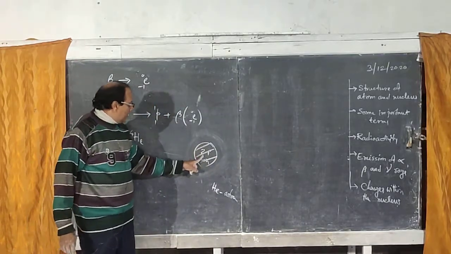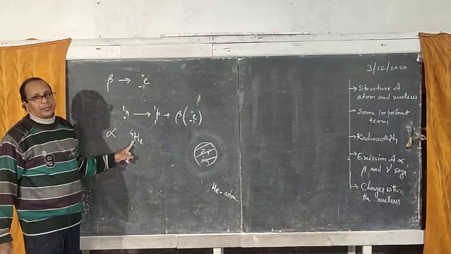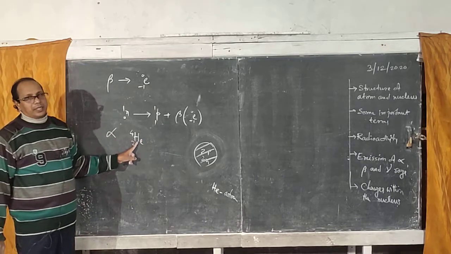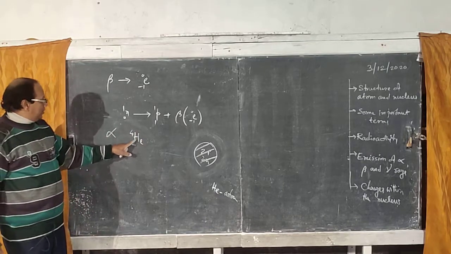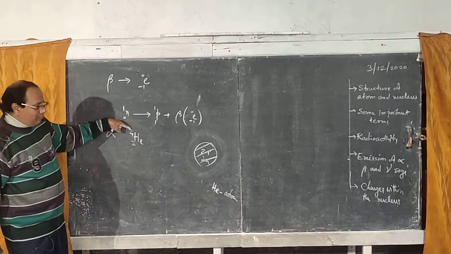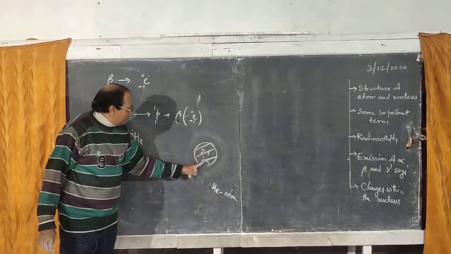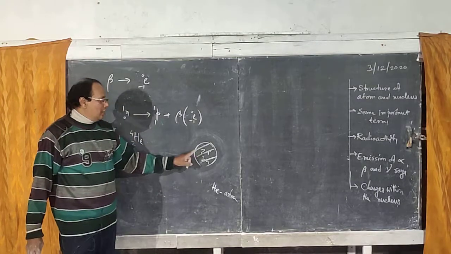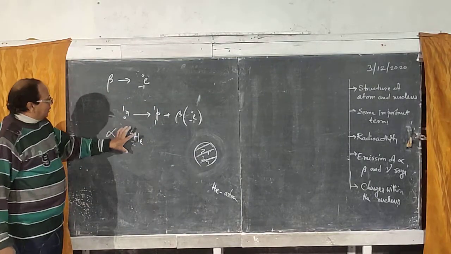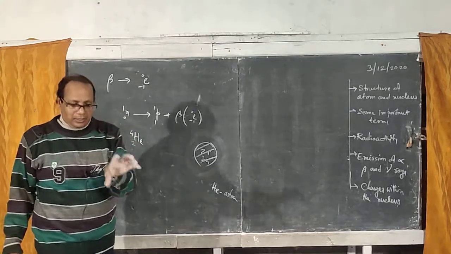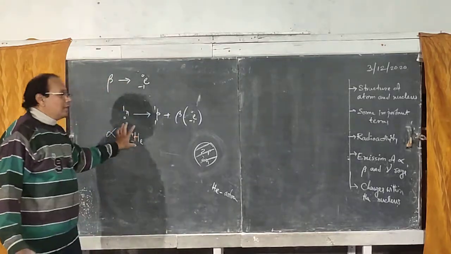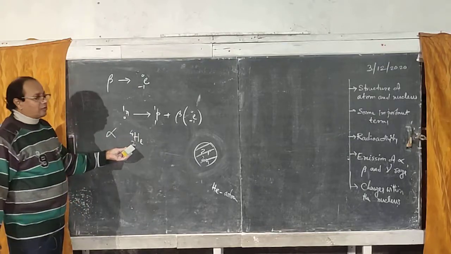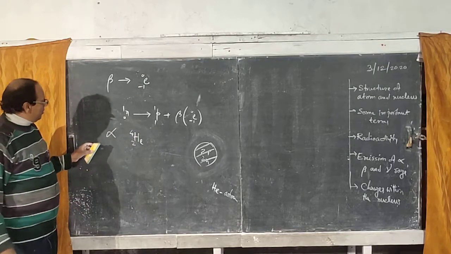So this nucleus is the so-called alpha particle, and it is written as He 4 2. He 4 2 means 4 is the mass number, meaning 2 protons and 2 neutrons, and 2 means 2 protons, right? So an alpha particle is nothing but a helium nucleus, consisting of 2 protons and 2 neutrons.